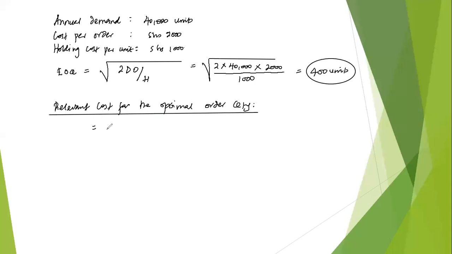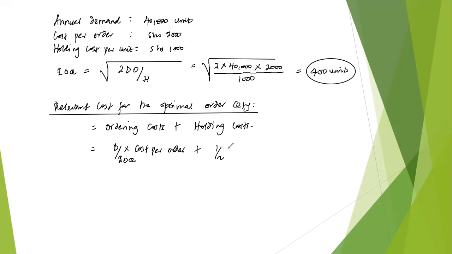And this relevant cost equals the ordering costs plus the holding costs. Ordering cost, we get our demand over the EOQ times the cost per order, then plus a half EOQ times the holding cost per unit.